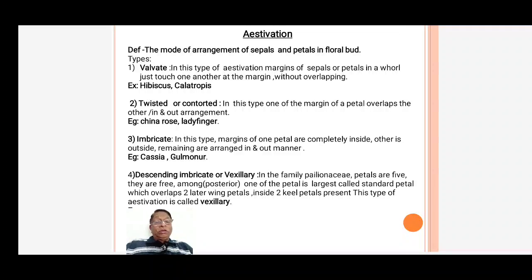Inside these wing petals, we come across two small petals called keel petals, which are arranged in the form of a boat. This type of estivation is called vexillary. It's also called descending imbricate.